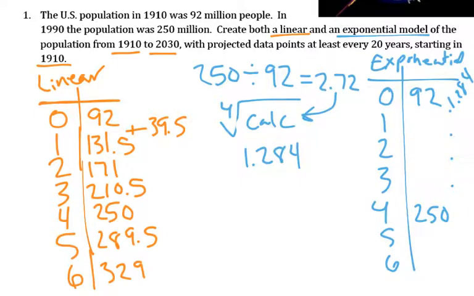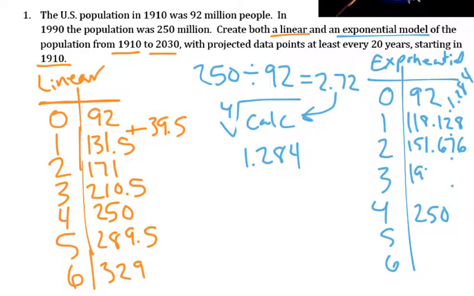So 92 times 1.284 gives us 118.128. Then we do it again. That gives us 151.676, and I'm rounding these.